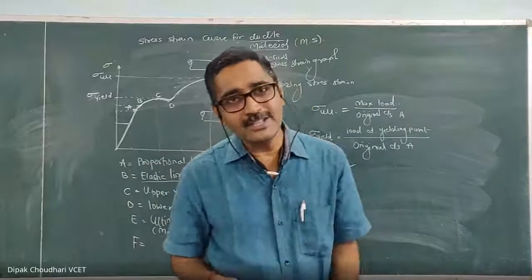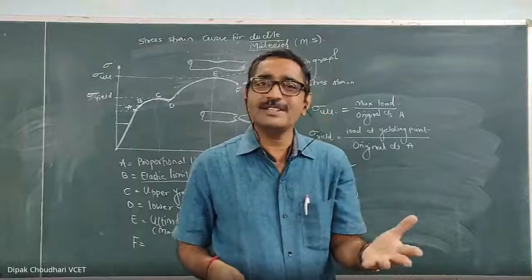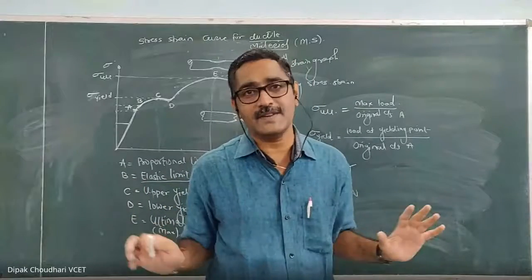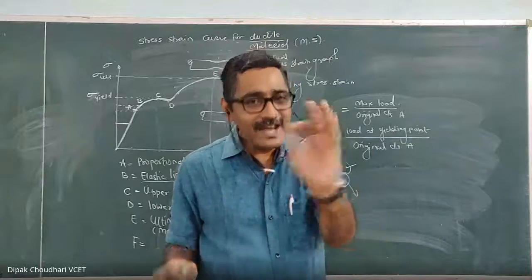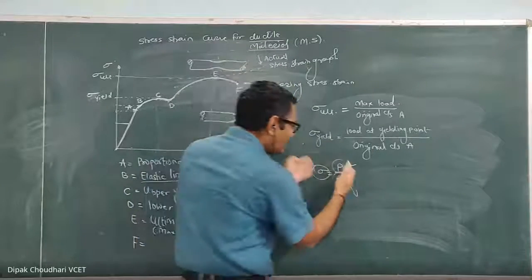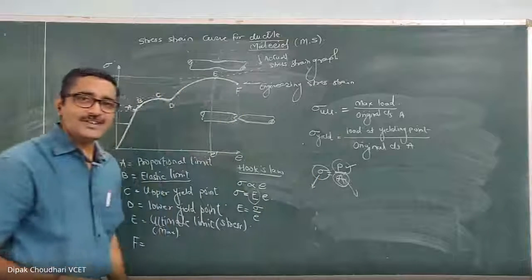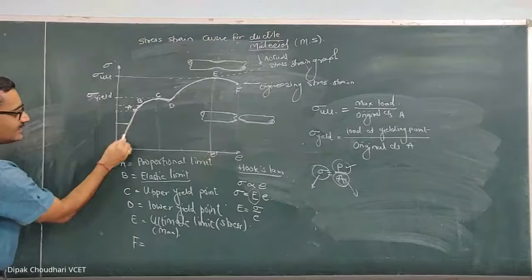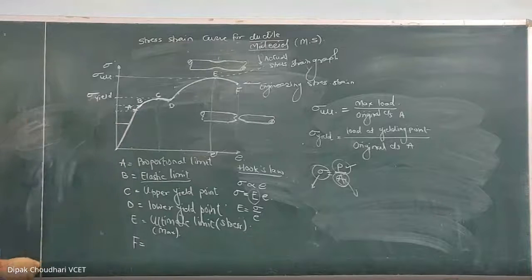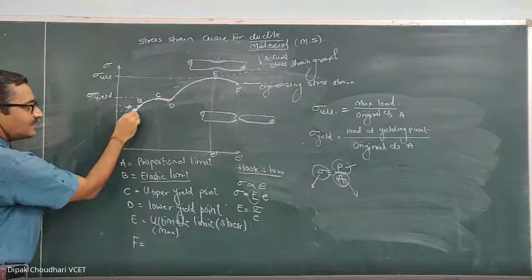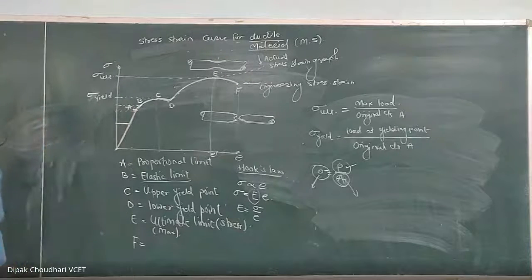There will be a permanent set of deformation, and because of that, the material will not work satisfactorily. That's why whenever you want to design any component, the stress which we consider should always be within this proportional limit.